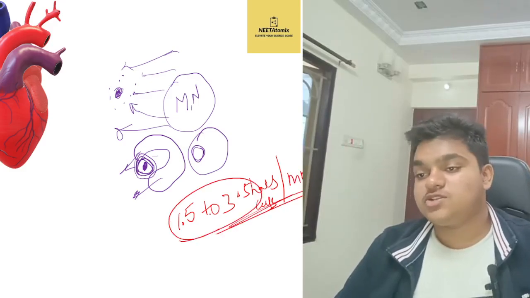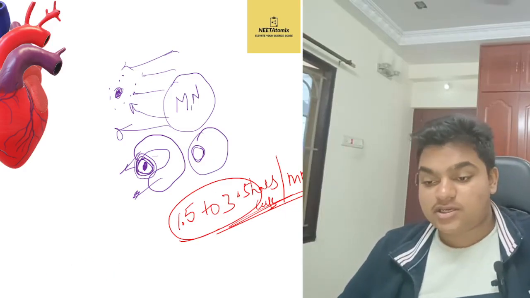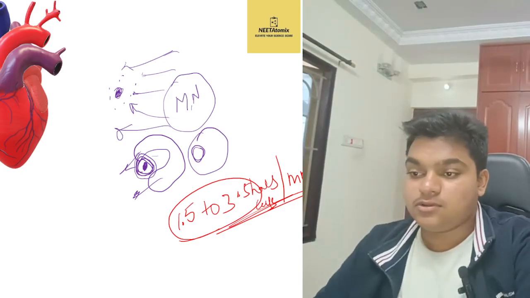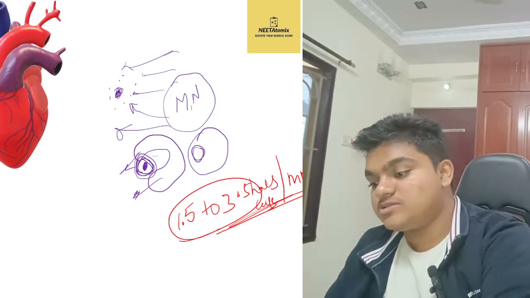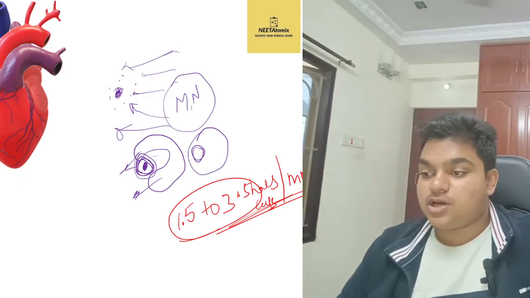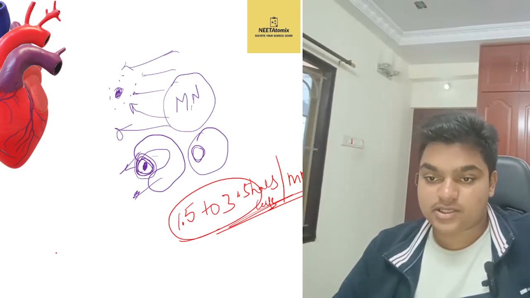You have to remember these normal values. They can ask you in assertion reason questions. Just remember those values. I'll be writing every value now, just write it down in a place.